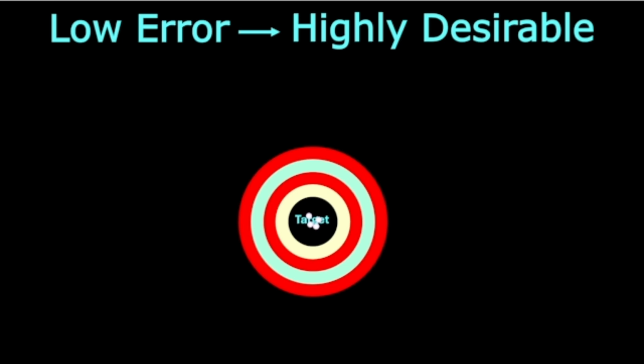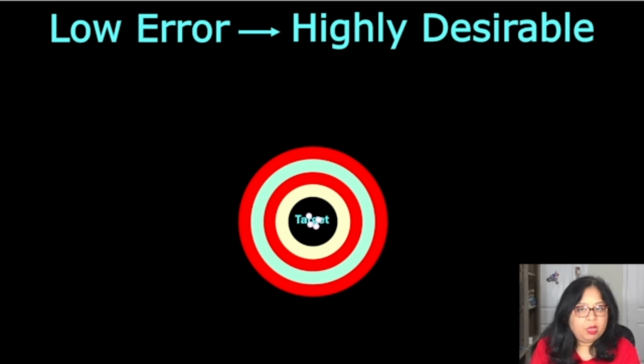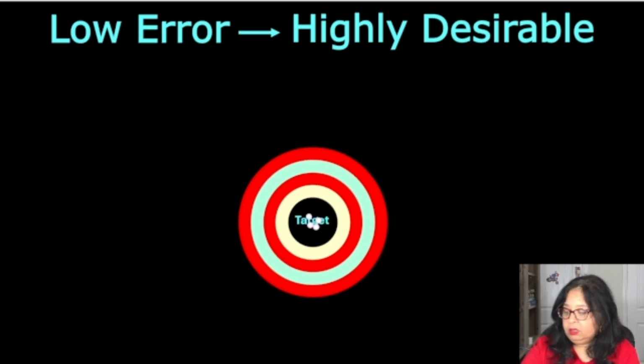Taking this further, here's your 4th example. All the 4 darts are at the center. Therefore, the precision is high. Why? Because these 4 darts are in very close proximity to each other. And since they are at the target, the accuracy is very high as well.